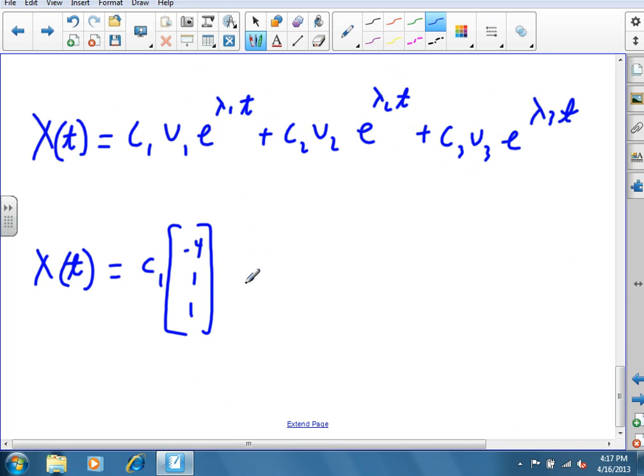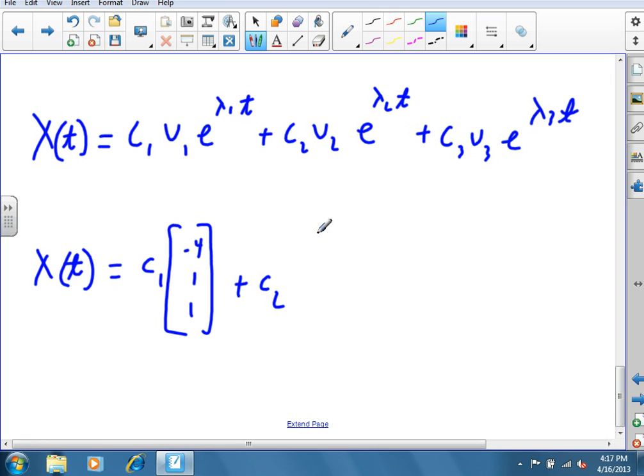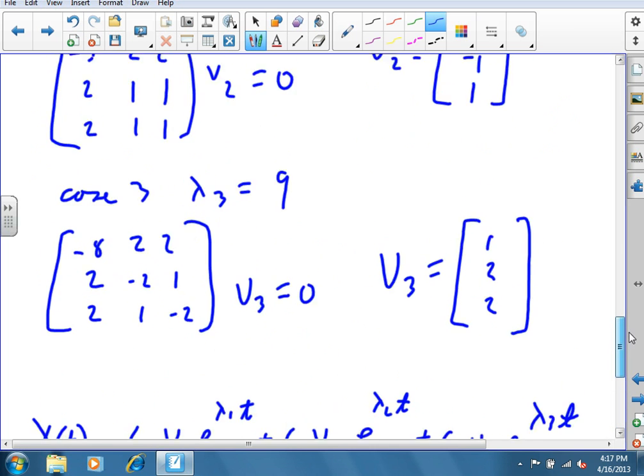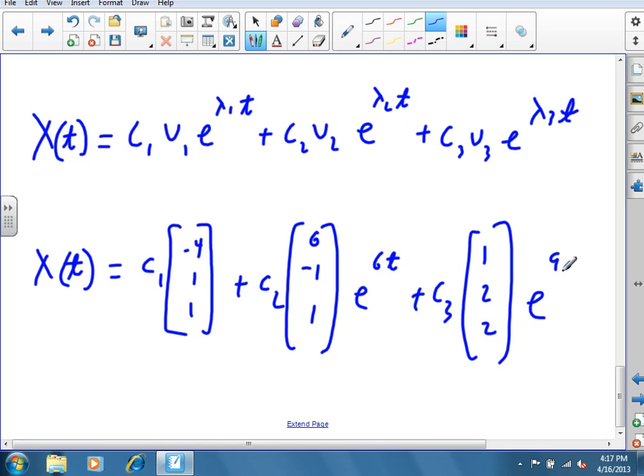E to the 0t is 1, I don't have to write it down. Plus C2 times V2, 0, minus 1, 1, e to the 6t, plus C3 times V3, 1, 2, 2, e to the 9t.